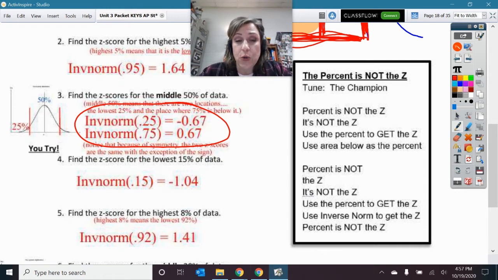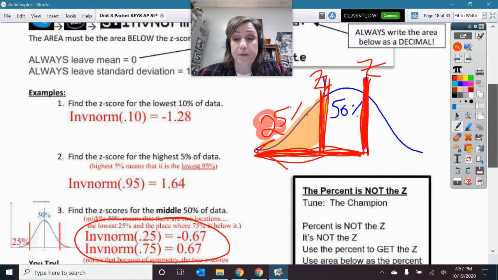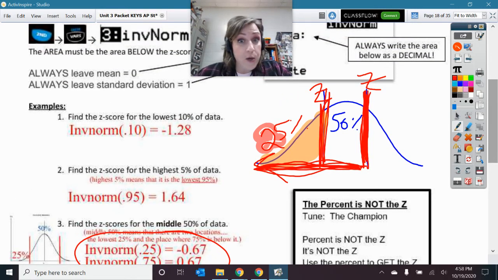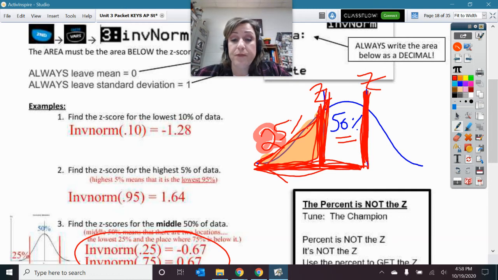The right-hand z-score is positive 0.67. That is because of symmetry. So what I always remember to do, if I have a middle section, is visualize what's in the middle so I can see what is left on the outside edges.